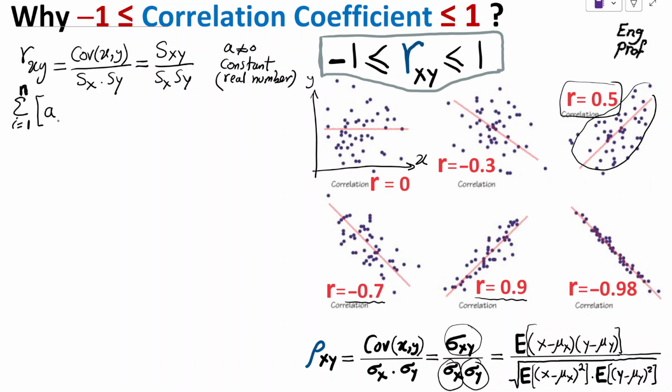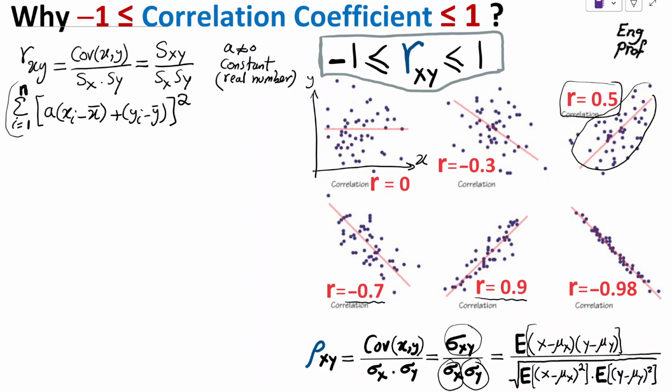Assume that's the case, then I can write sigma i from 1 to n of a times (xi minus x bar, the average of x, plus yi minus y bar), the whole thing inside sigma to the power 2.